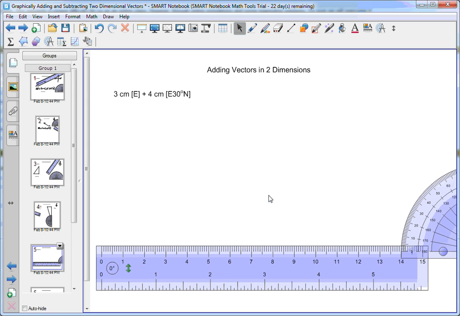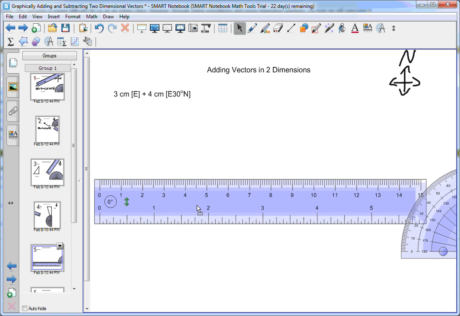Of course, we need to draw in our direction pointer. And from there, we see we don't need a scale. Things will be a 1-to-1 scale.